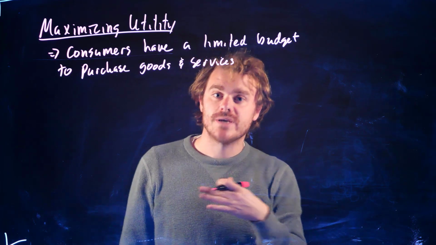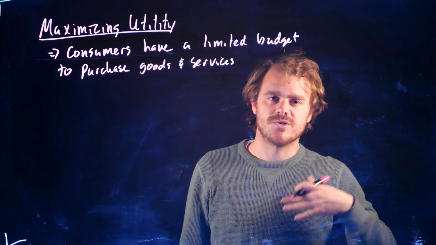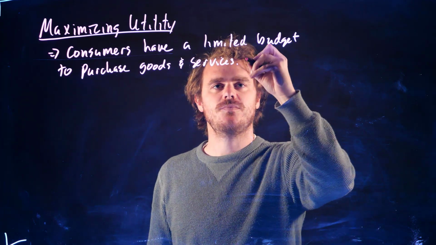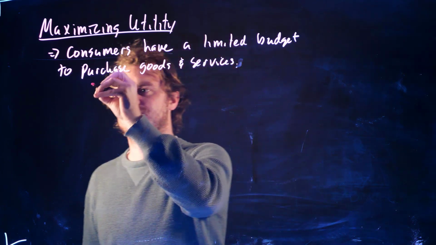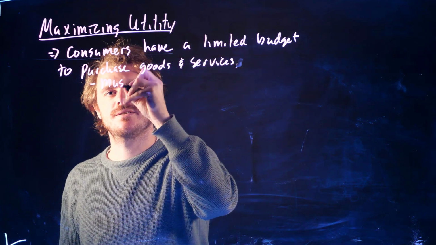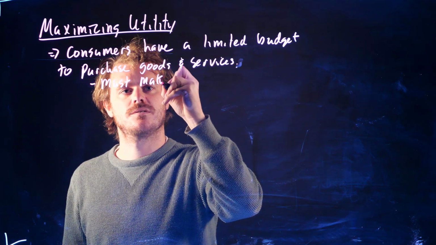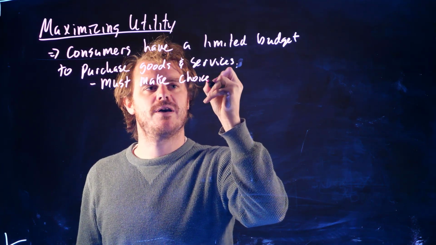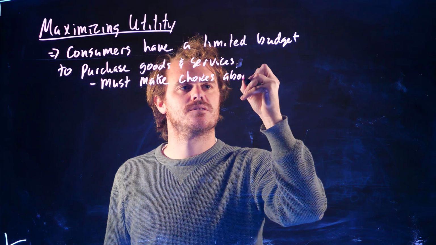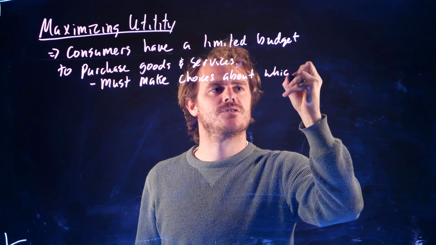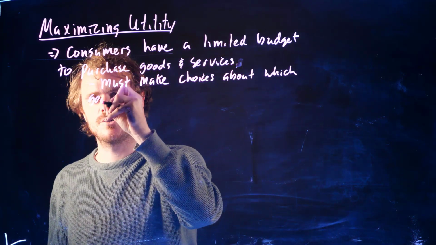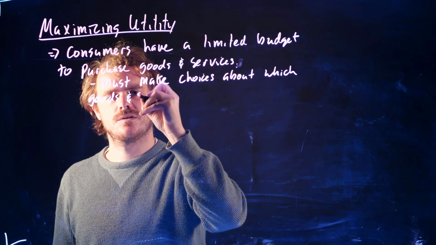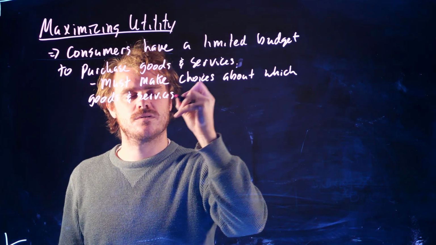So they're going to have to make choices between different goods in terms of what they want to buy. They must make choices about which goods and services to purchase, and how much.